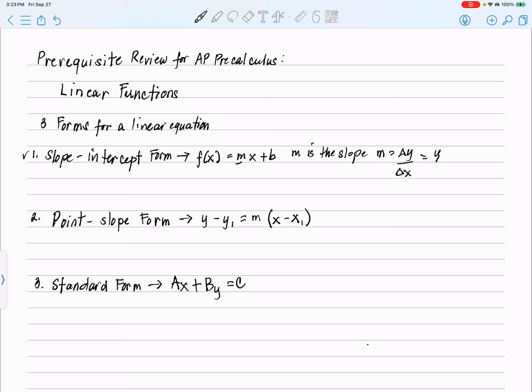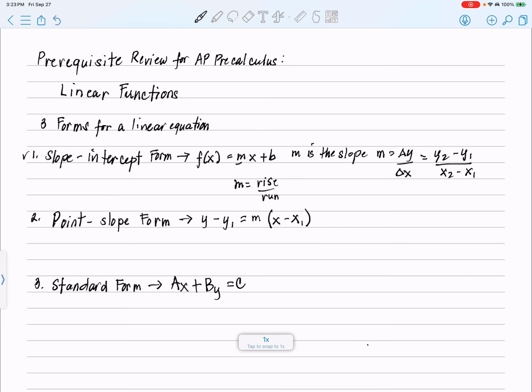That is y sub 2 minus y sub 1 over x sub 2 minus x sub 1. Or you can have the slope as the rise over run. And the slope-intercept form is best to use for graphing a line.